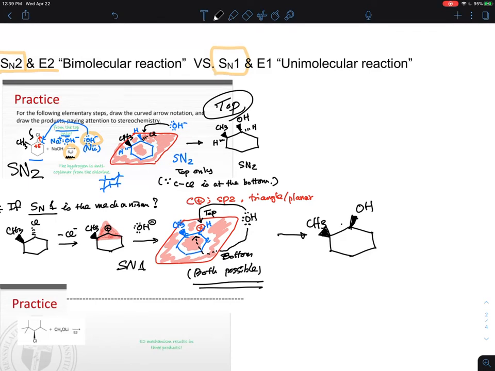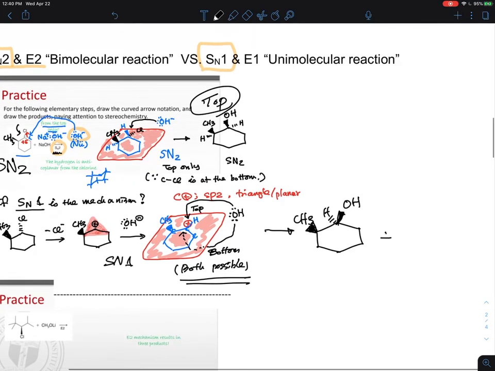As a consequence, hydrogen is shown in the bottom, right? And the methyl is from the top. And then for this one, this time the hydrogen is going up because hydroxide formed the bond from the bottom surface.